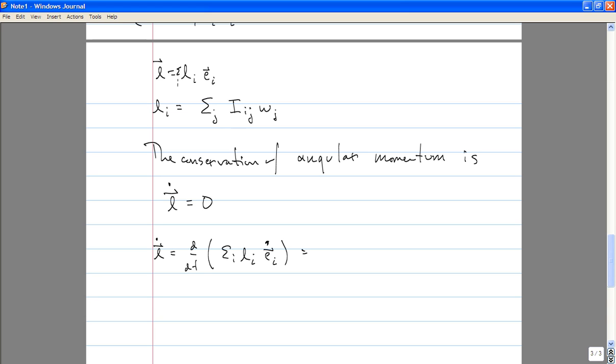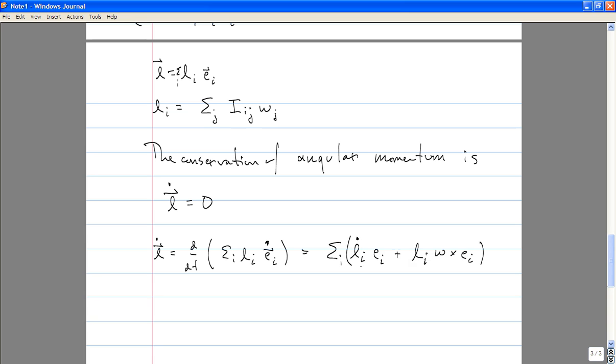So there's a first term, which comes from taking the time derivative of the components of the angular momentum vector, computed in the rotating reference frame, times Ei, plus a second term, which comes from computing the time derivative of the basis elements of this rotating reference frame. So that's Li times omega cross Ei.